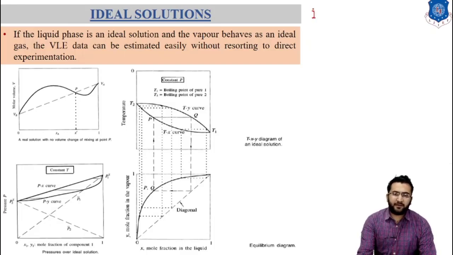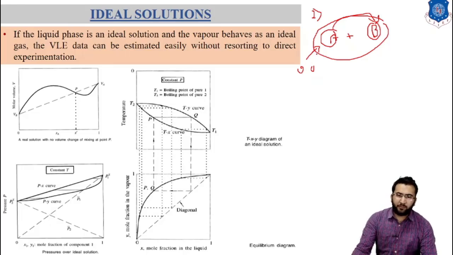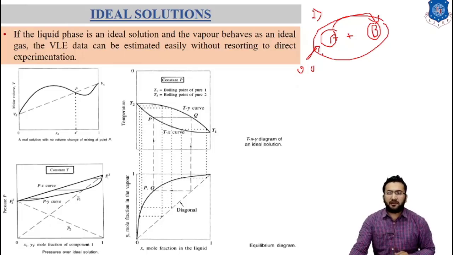First, the intermolecular force between the two components is the same as in solution. Suppose the mixture is of component A and component B. The intermolecular force of component A is the same after mixing with component B. So if we make a mixture of both components, the intermolecular force of component A before mixing and after mixing are the same.